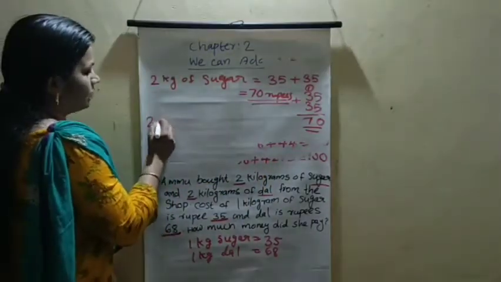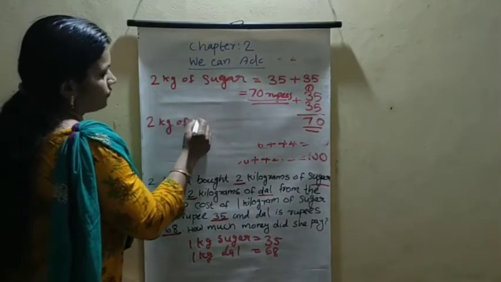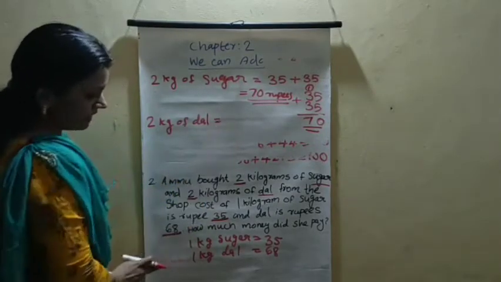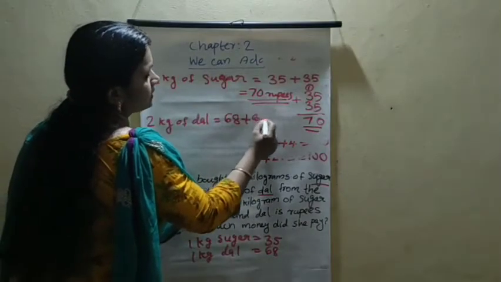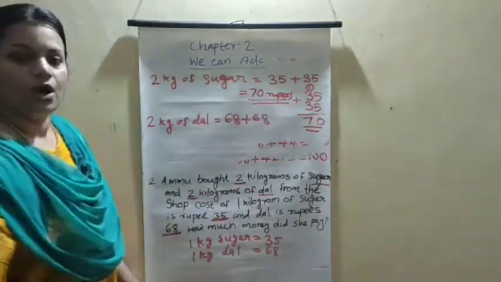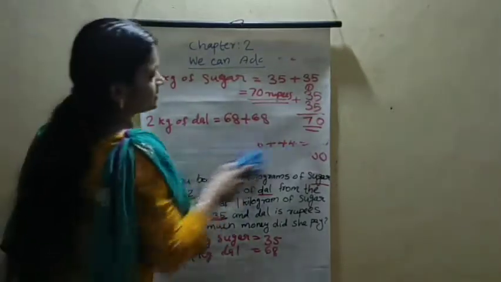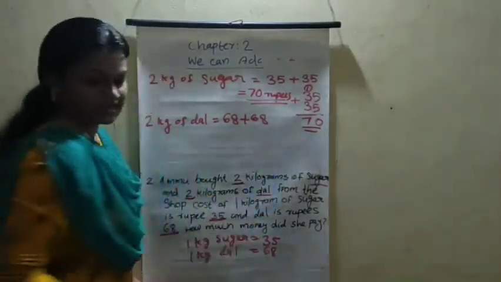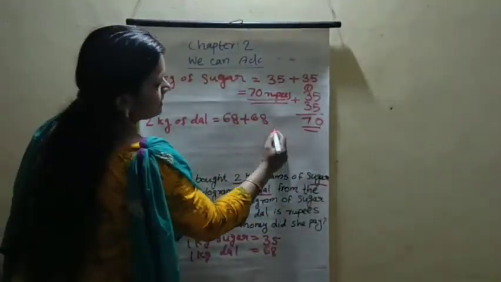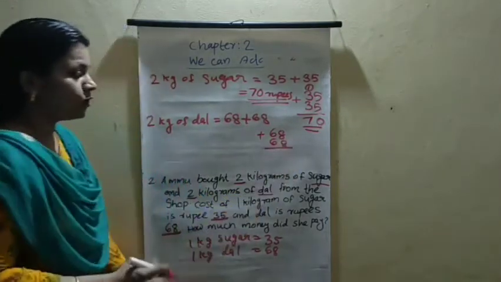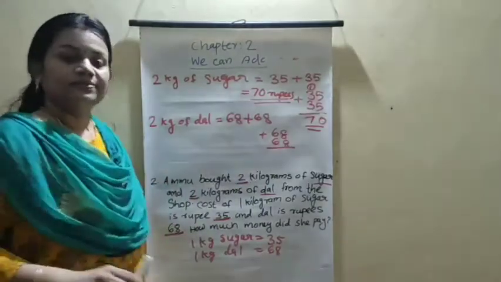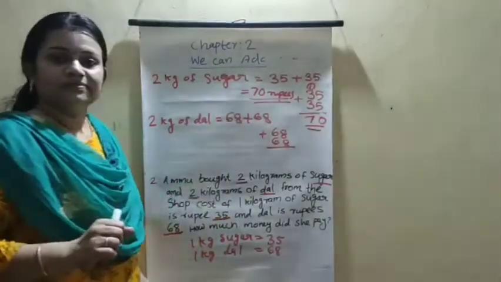Then we have to find out 2 kilograms of dal. 1 kilogram dal is 68, so adding 2 times 68. Okay, then add 68 plus 68. What is the answer? How to add 8 plus 8?